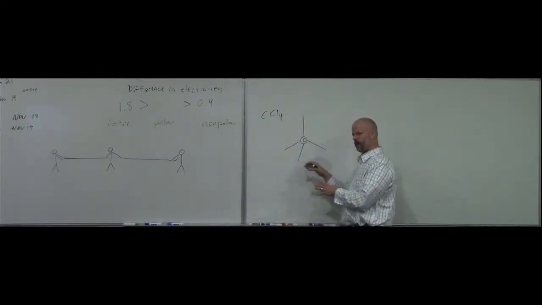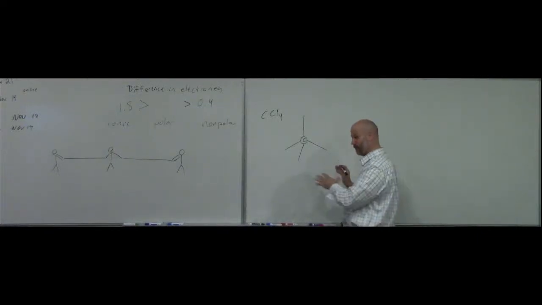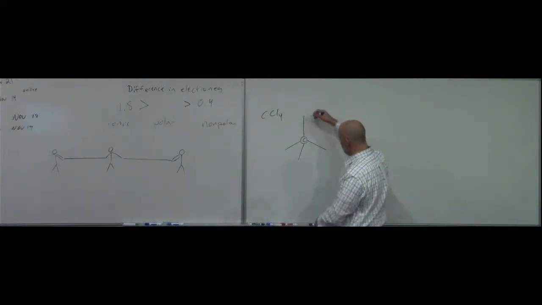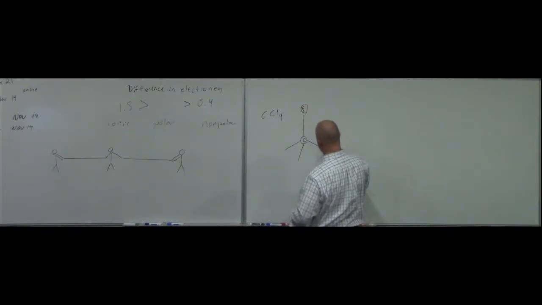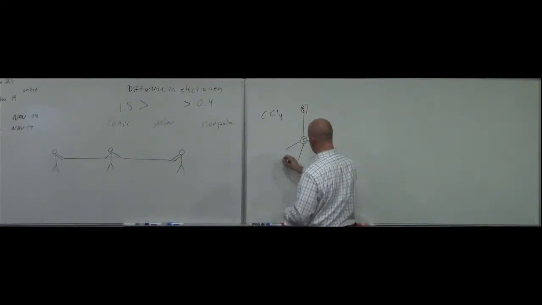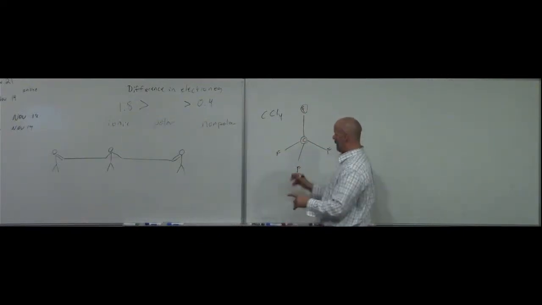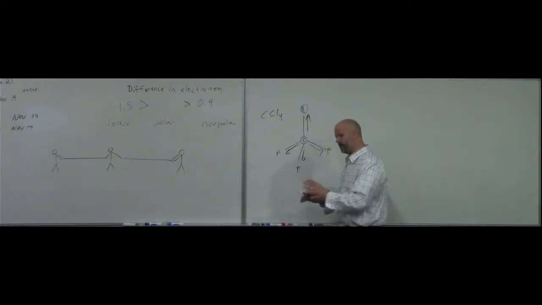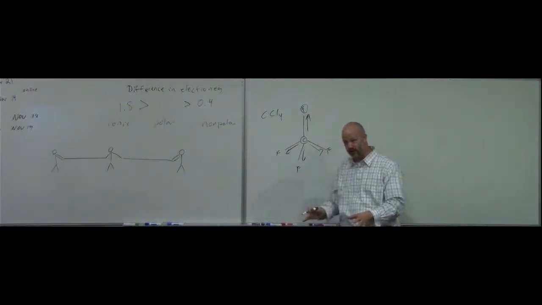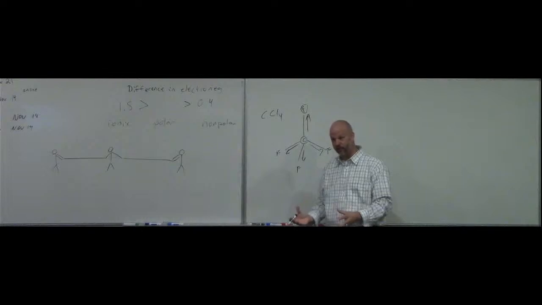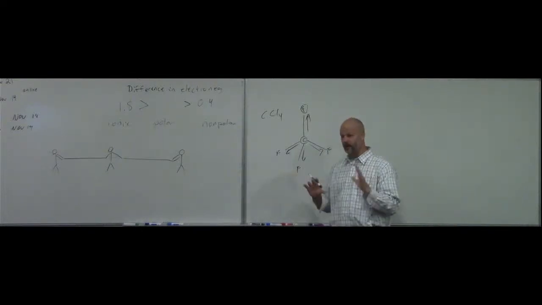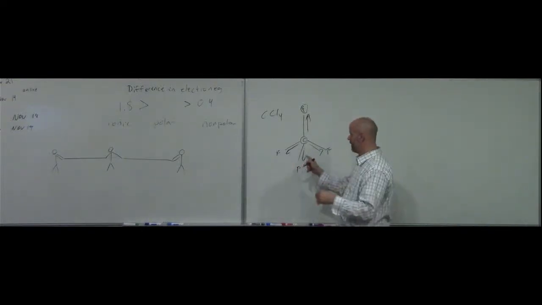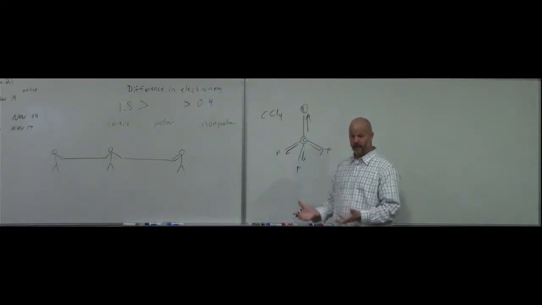These are all, I believe, 120 degrees, if I remember all this correctly from way back in the day when I had all this. And fluorine's pulling it this way, and this way, and this way, and this way. Each one of these fluorines has a greater pull than the carbon does, but because it's being pulled equally in all directions by the same level of force, well, there is no charge whatsoever. So something like carbon tetrafluoride is nonpolar.